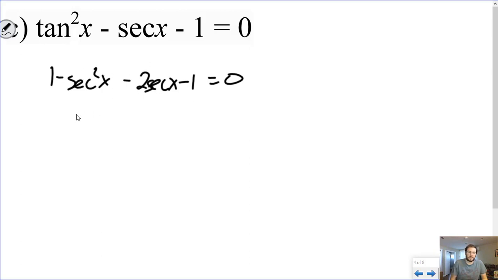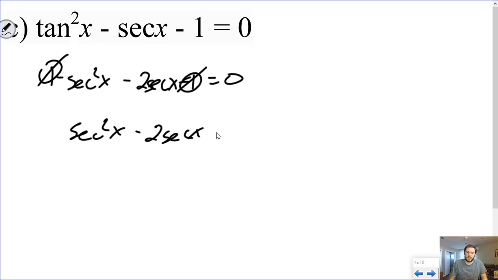So secant squared x minus 2 secant x, and then positive 1 and negative 1 end up canceling, so this thing is equal to 0. Then if I factor out secant x, I get secant x times secant x minus 2 is equal to 0.